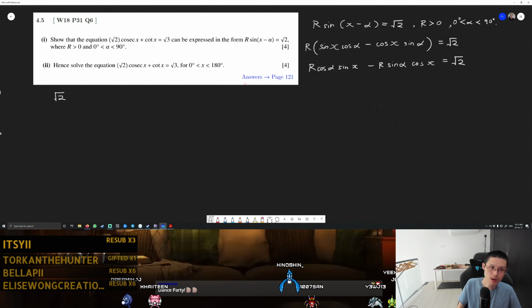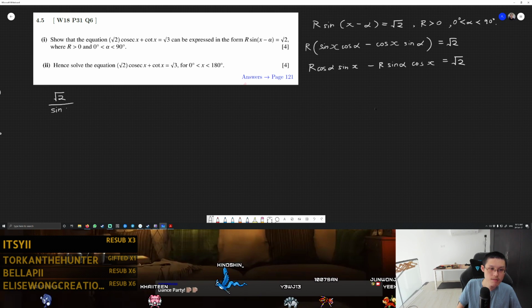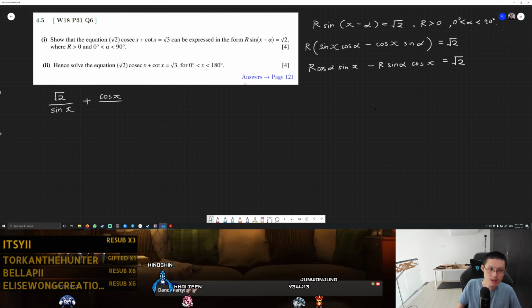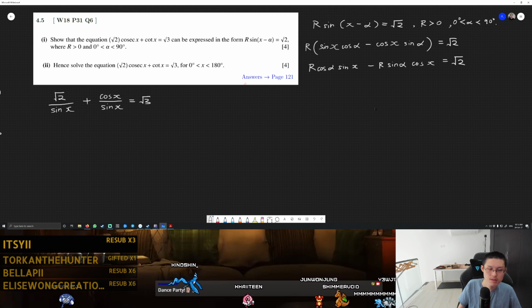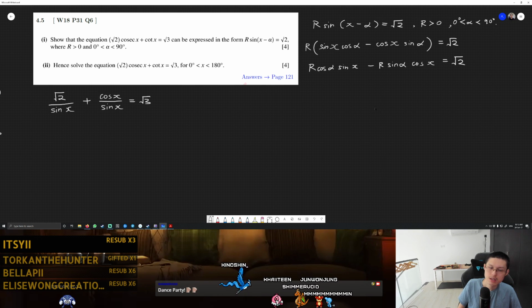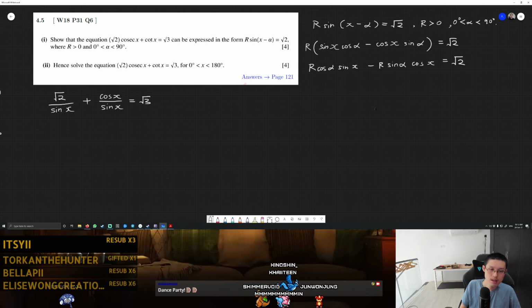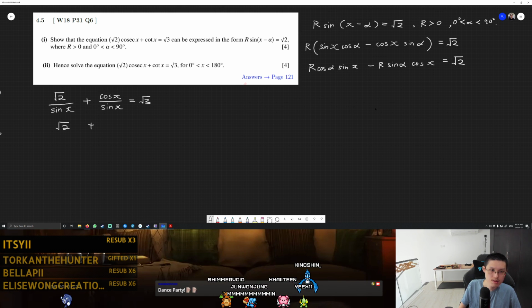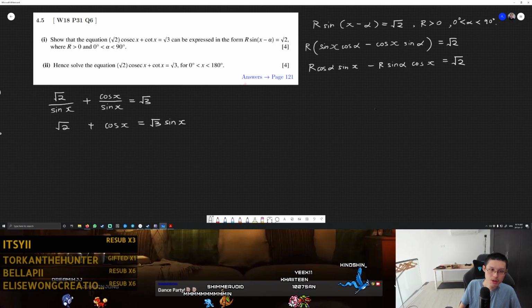Cosec is actually 1 over sine. Cotangent is cos x over sine x. Okay, so we're going to start by multiplying everything by sine x, and then we're going to rearrange this.